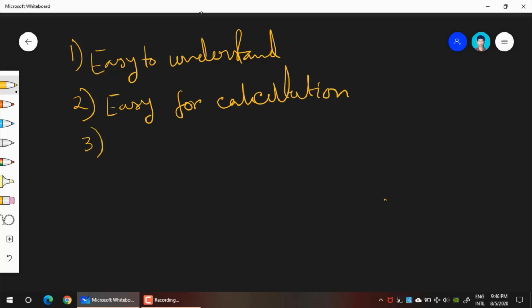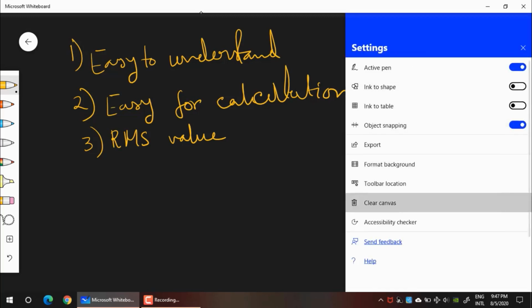And the third one is that we can find out the RMS value without doing any extra calculation. So these three are the advantages of drawing a Phasor diagram.